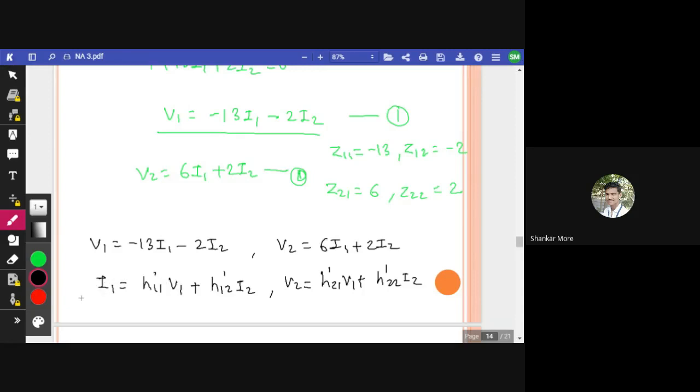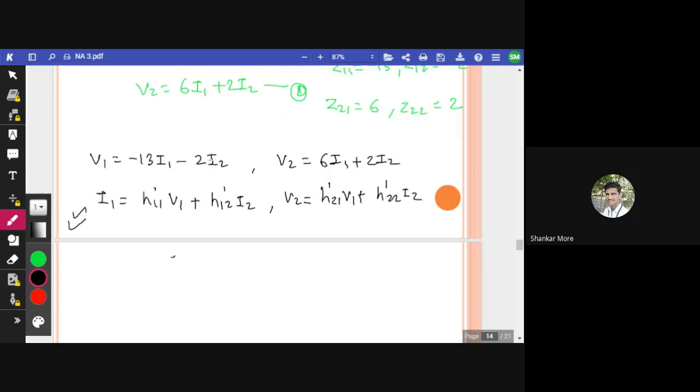Now we need to make the equation like this. It has I1, it has V1, it has I2. We don't have V2 here, and similarly in the Z parameter equation also, we don't have V2. So if we modify this equation, we will get this form. How do we modify this?